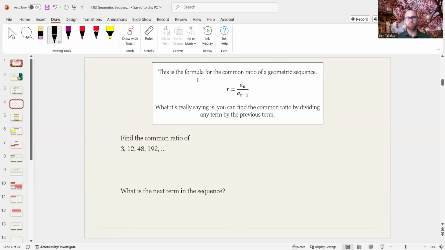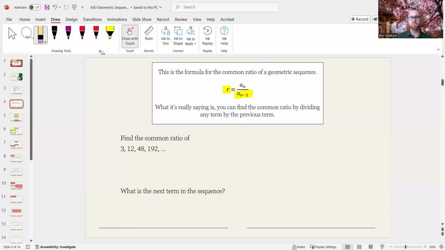Now, this is the formula for the common ratio of a geometric sequence. You do not need to memorize this, but again, we have key components that you need to know just in general. R is common ratio. A sub n represents whatever value you choose to look at, and a sub n minus 1 is the previous value.